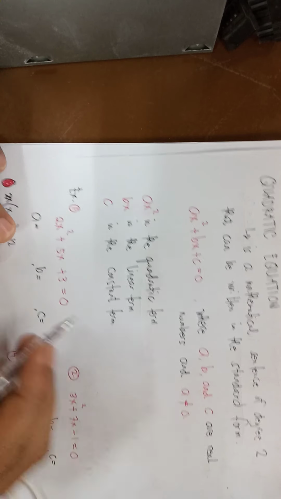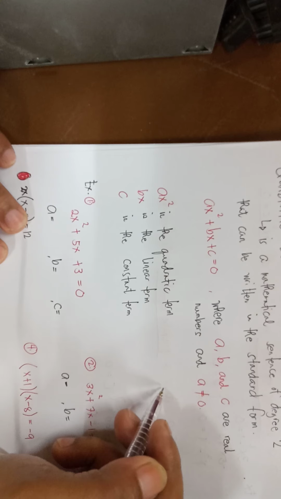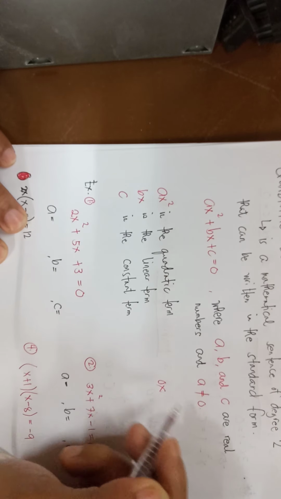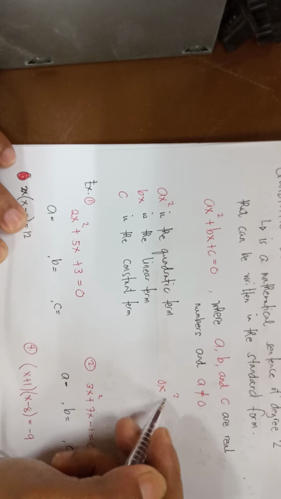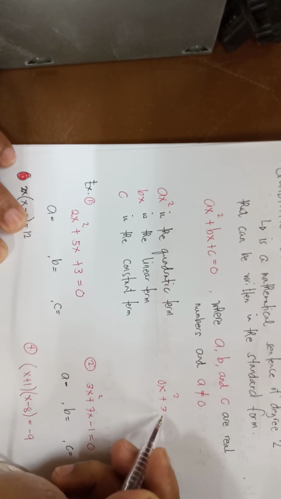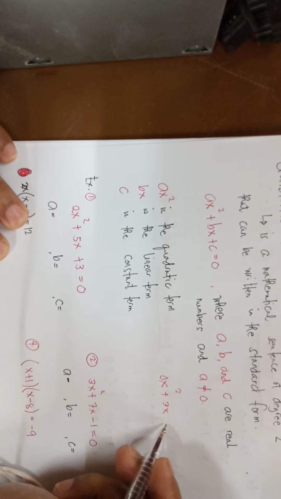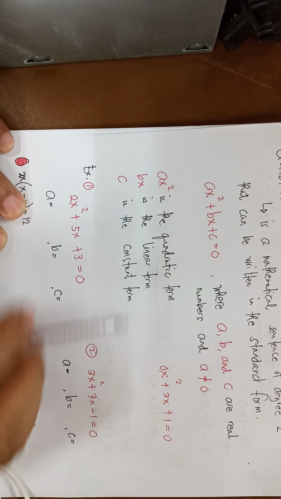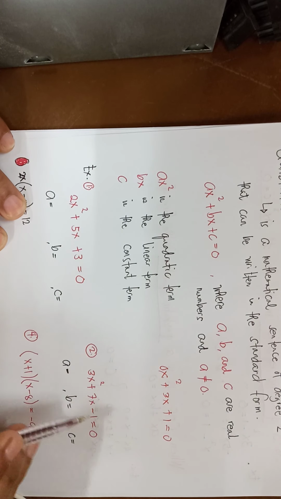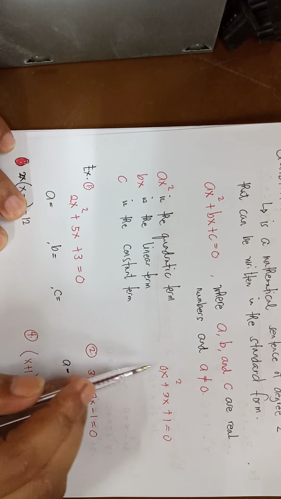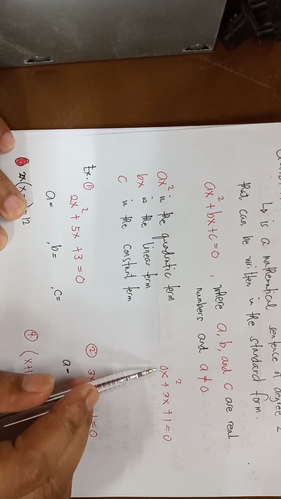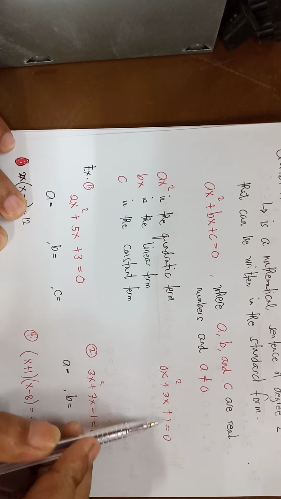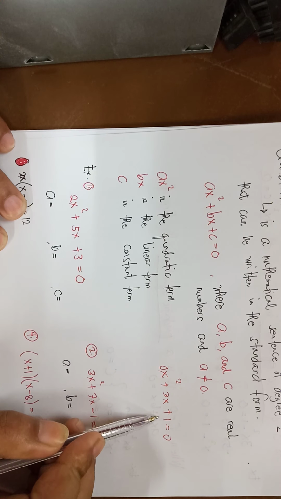Say for example, 0x squared plus 3x plus 1 is equal to 0. The values of a, b, and c are respectively 0 for a, 3 for b, and 1 for c.